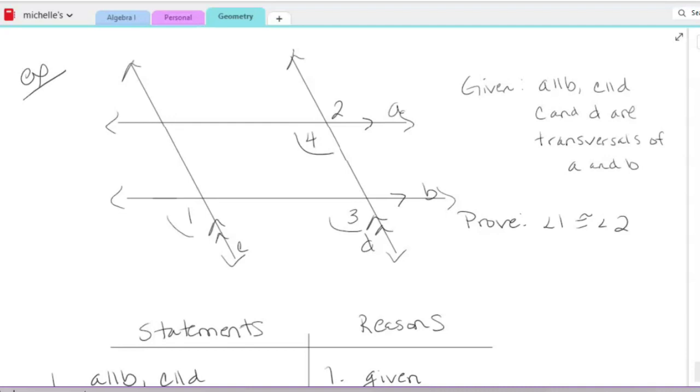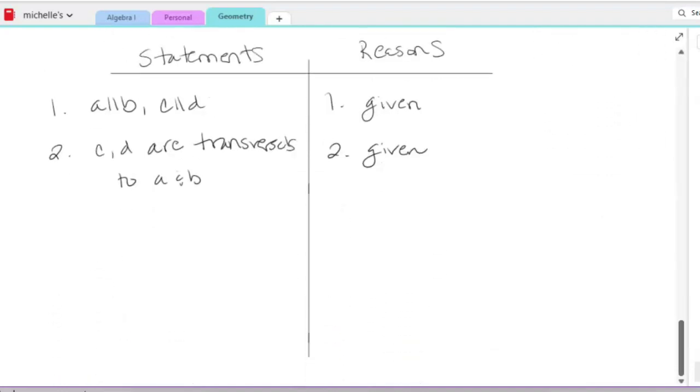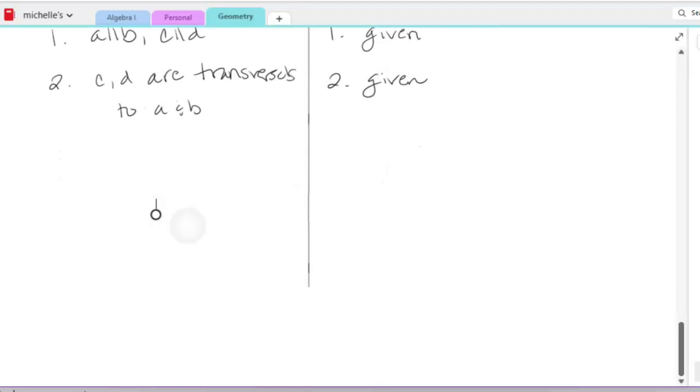And then finally, once I get to 4, I can notice that 4 and 2 have to be congruent because they're vertical angles. All right, and since I prove all of these congruent to each other, then we're going to use the transitive property that we just talked about. So that's where we're going. That's how we piece together a proof. You want to see what you need, what's congruent with what, and how we're able to give our reasons for that in order to be able to get going here.